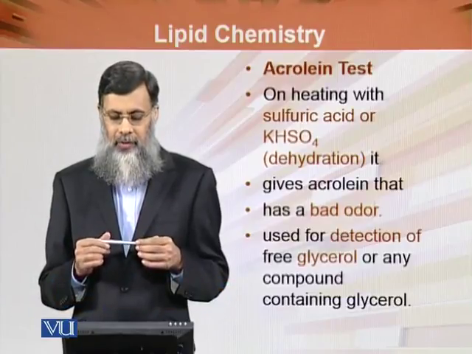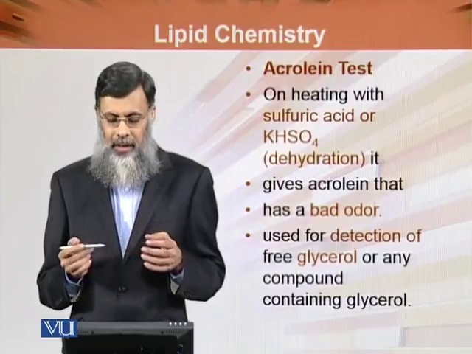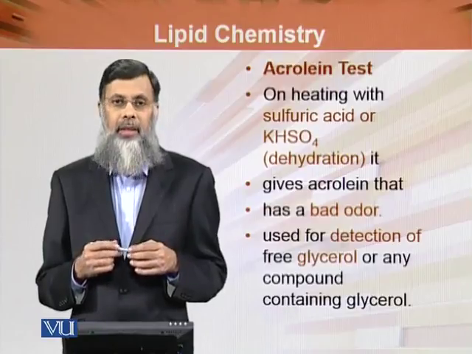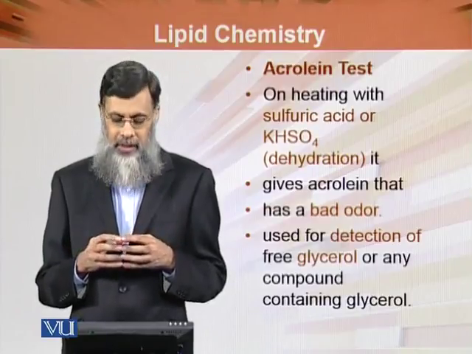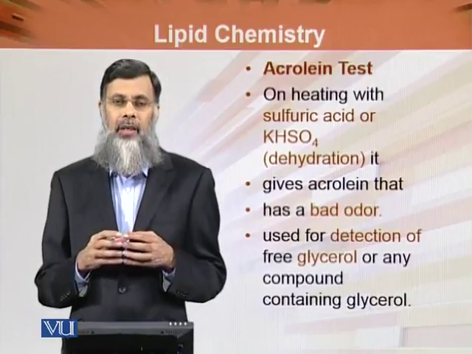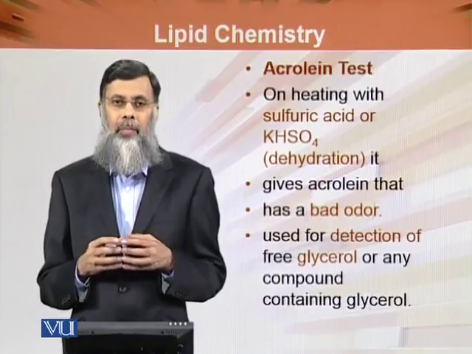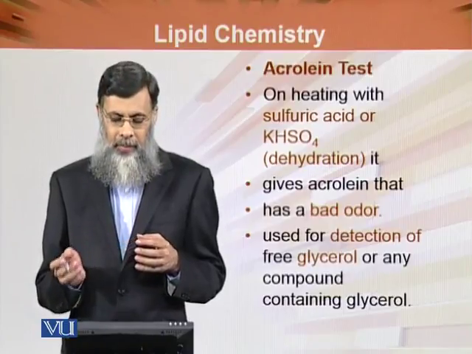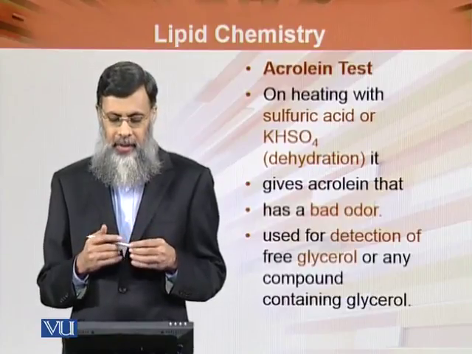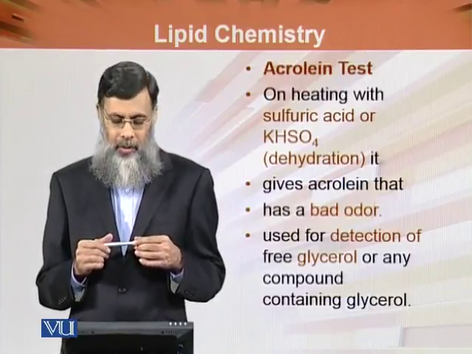On heating with sulfuric acid or potassium bisulfate, it is dehydrated and gives acrolein, which has a bad odor, while glycerol and glycerine have a sweet taste but no bad odor. If we dehydrate it with sulfuric acid or potassium bisulfate, it will form acrolein, which has a bad odor.